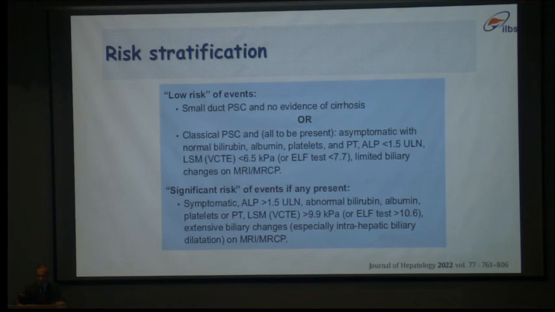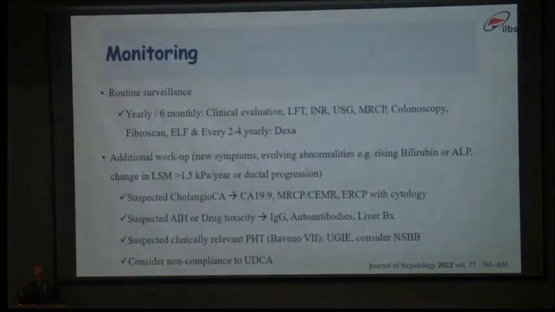So these are low risk PSC, whereas significant risk PSC is when the patient is symptomatic, with high alkaline phosphatase, high LSM of more than 9.9, or an ELF score of more than 10.6, or extensive biliary changes, which indicate significant risk for development of hepatobiliary complications. So how should we monitor? Routine surveillance is required with MRCP, colonoscopy, fibroscan every 6 monthly to yearly, and DEXA scan.